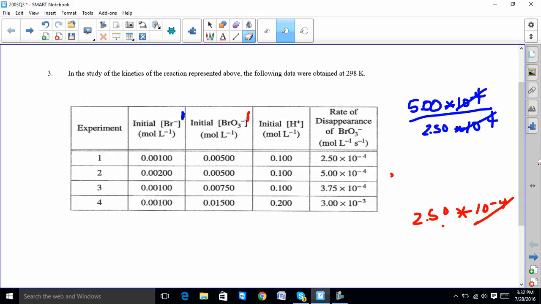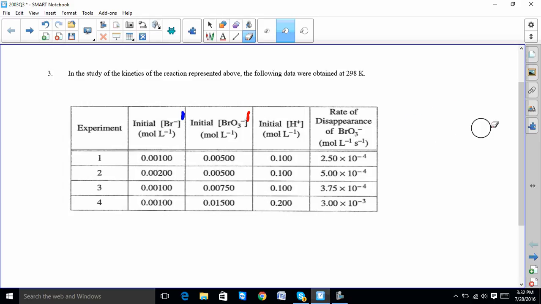And, you know, it's not that bad. My students tend to be really good in algebra. So let's go, I don't know, let's go purple just for fun. Now, to find the order with respect to hydrogen, I have to find a set of trials in which these two are held constant. But look at 1 and 3, 1 and 4, or 3 and 4.